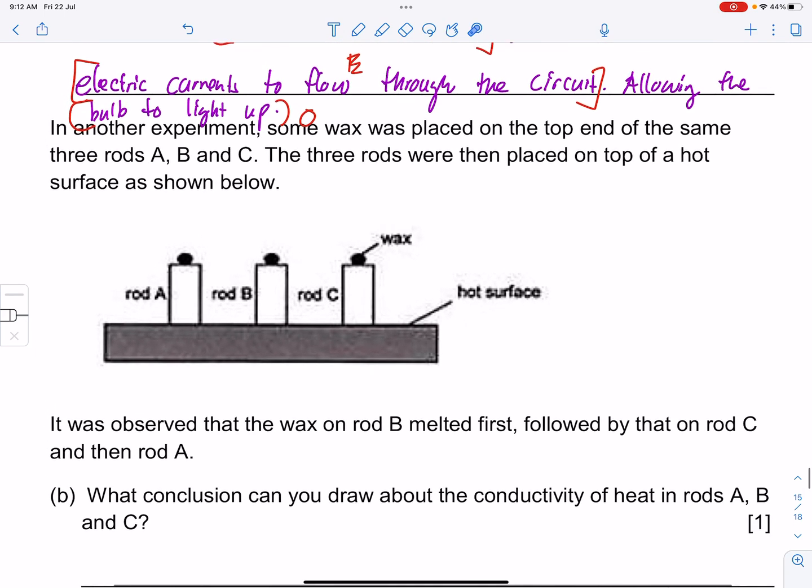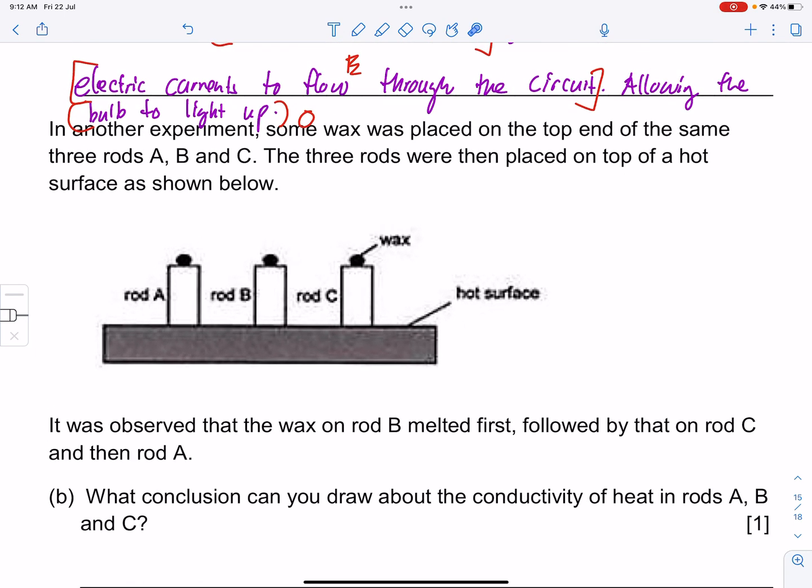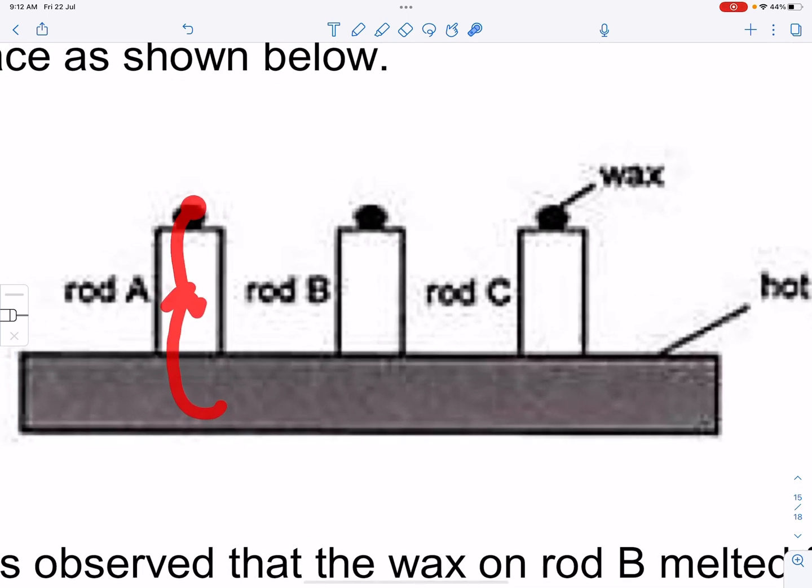Now, it was observed that the wax on B melted first, followed by that on rod C and then rod A. What conclusion can you draw about the conductivity of A, B, and C? So like I told you, the heat will first travel from the hot surface to your rod, and then from your rod to your wax to melt it.